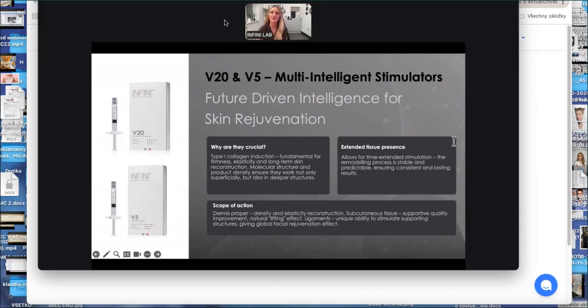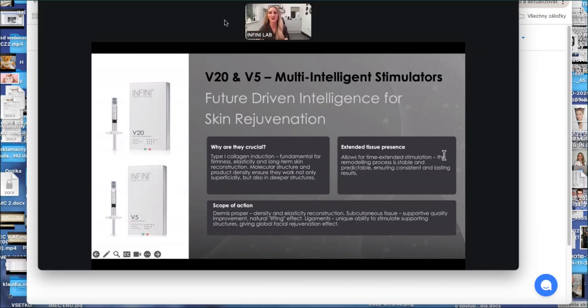V20 is 40 milligrams of high molecular weight hyaluronic acid, and to be honest, that makes a big difference. This type of HA doesn't only hydrate; it actually behaves a little bit like a stabilizer. So it holds water inside our extracellular matrix and helps the tissue stay organized. Because of that, the environment becomes much more friendly for our collagen to form.